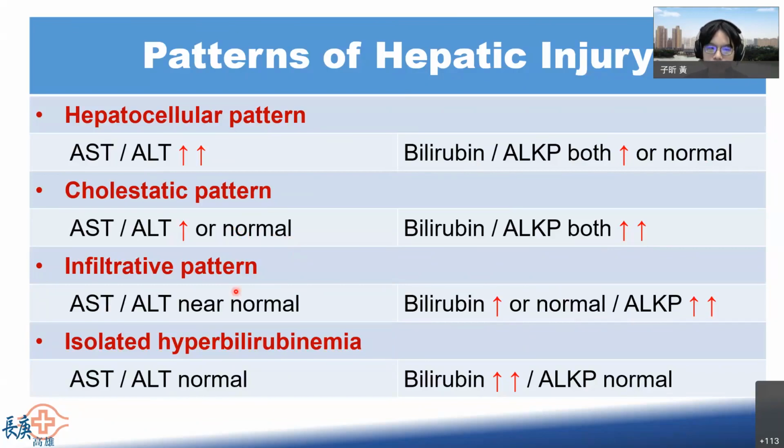And when you see an infiltrative pattern of disease, the AST, ALT are near normal, and the bilirubin may be normal as well or slightly elevated, but the alkaline phosphatase is very highly elevated. Last but not least, there is isolated hyperbilirubinemia. Isolated hyperbilirubinemia is defined as a normal AST, ALT, normal alkaline phosphatase, and only elevated bilirubin.